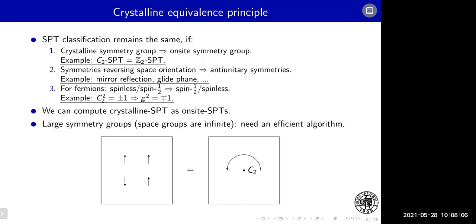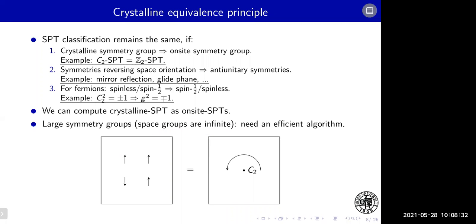So in this way, the problem of computing the classifications is the same for crystalline and on-site symmetries. And the problem becomes that we need to compute the classification for crystalline symmetry groups, just treating them as on-site symmetries. But the difficulty is that the crystalline symmetries are usually quite complicated symmetry groups, like they have an infinite number of elements.